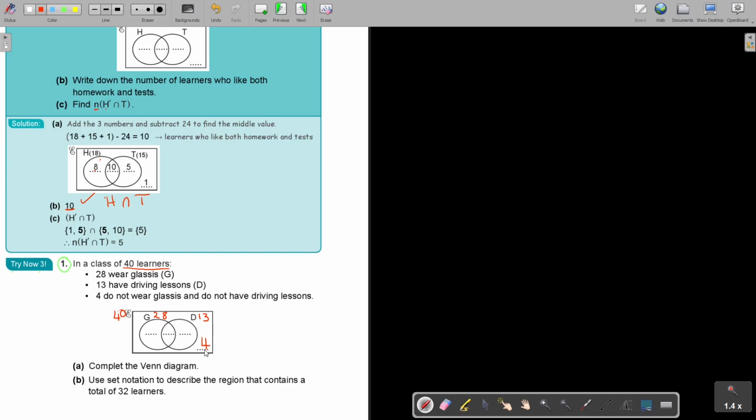Okay, so complete the Venn diagram. It's almost like the top one. I'm just going to add those 3 amounts. So I'm going to say 28 plus 13 plus 4. And then I'm going to subtract that from the outside 40. And what do I get? I get 5. So that means that middle part will be 5.